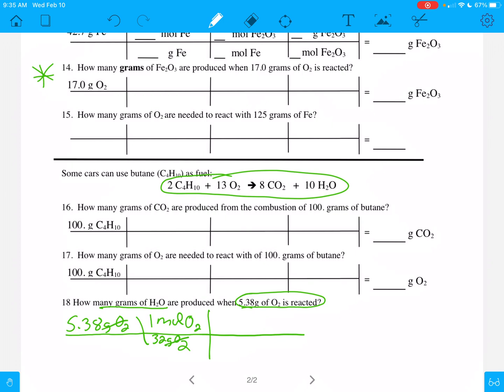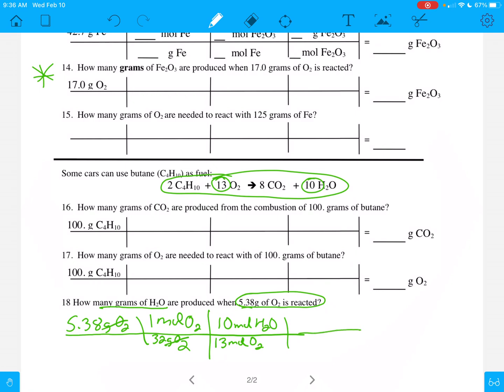I know that the mole ratio is, let's see, we've got 13 moles of O2 here, and I'm going to H2O. That's a 10, so 13 moles of O2 is the same as 10 moles of H2O. Okay, I got that done. All right, keep going. I'm out of time.